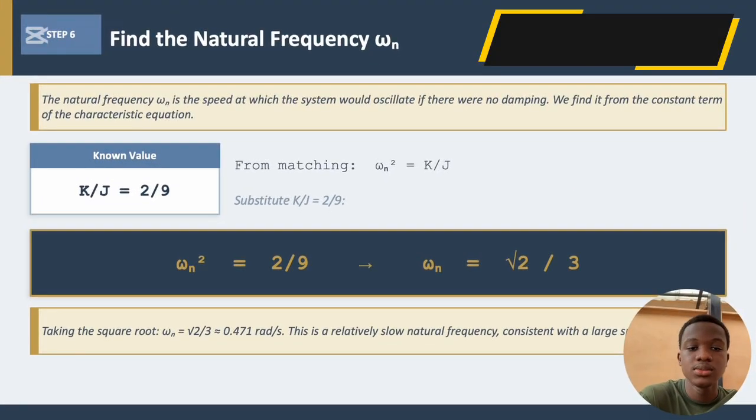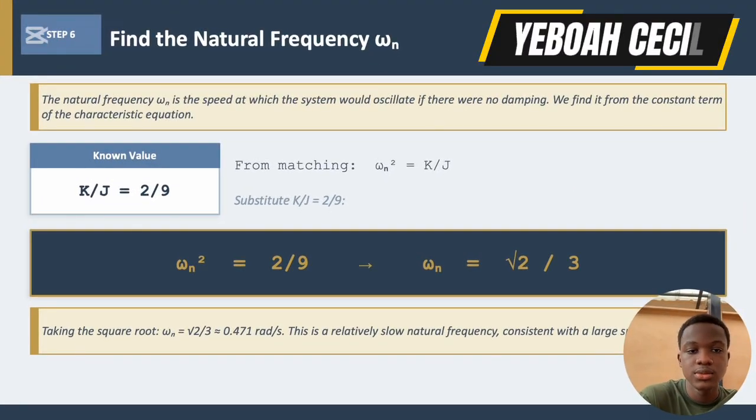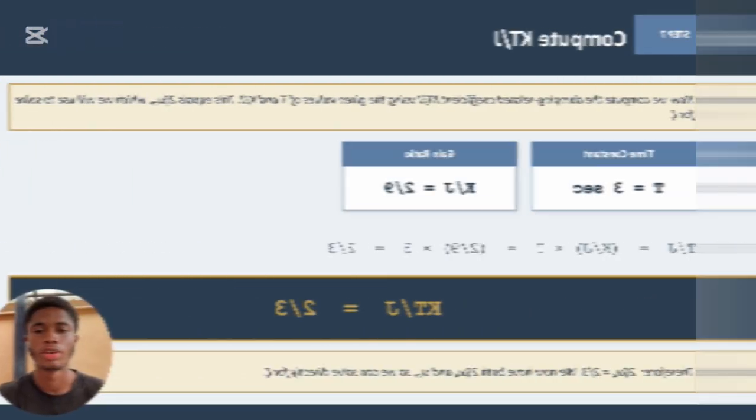Hi everyone, my name is Sebas. I will be taking the step where we find the natural frequency omega n. Since we know the value of K over J is equal to 2/9, and omega n squared is equal to K over J, omega n squared is equal to 2/9. Therefore, taking the square root, omega n is equal to the square root of 2 over 3.